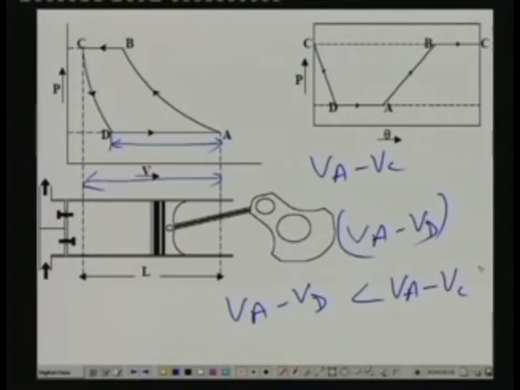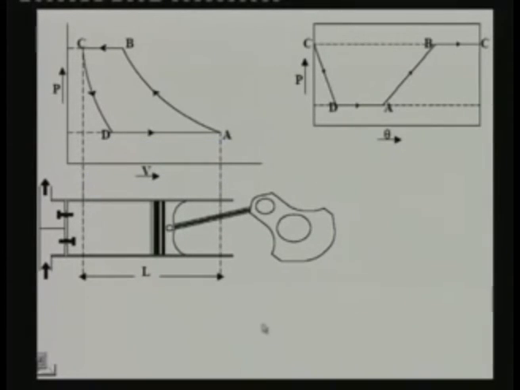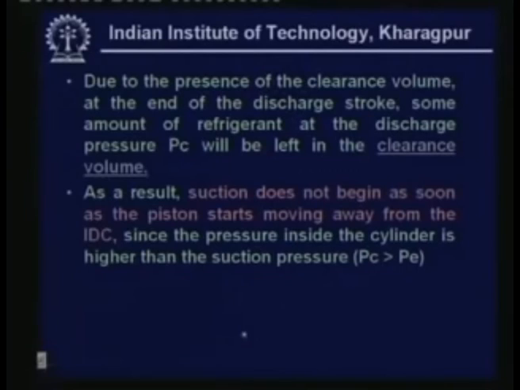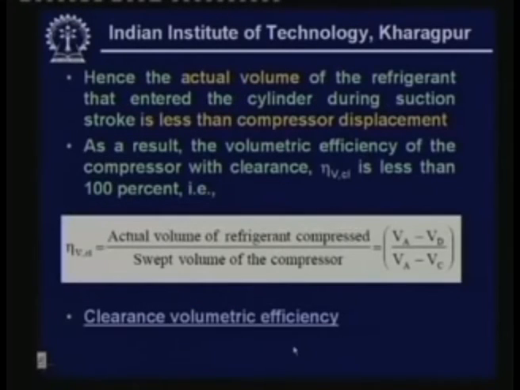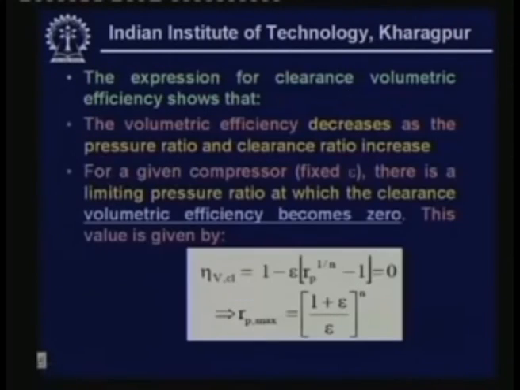That means the displacement is higher than the volumetric flow of the refrigerant, so the volumetric efficiency of the compressor is less than 100%. Hence the actual volume of refrigerant that entered the cylinder during the suction stroke is less than the compressor displacement. As a result, the volumetric efficiency of the compressor with clearance is less than 100%, and this is defined as Va minus Vd divided by Va minus Vc.